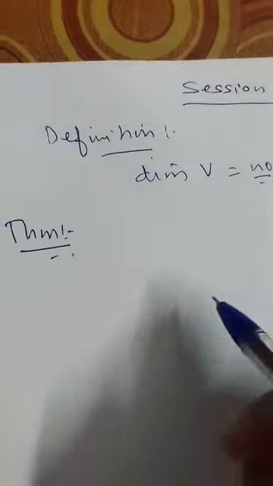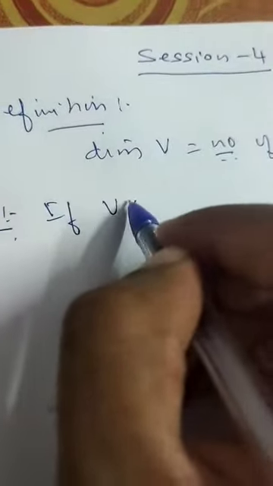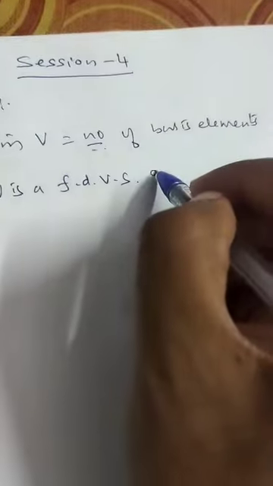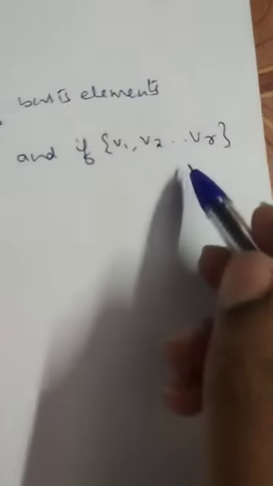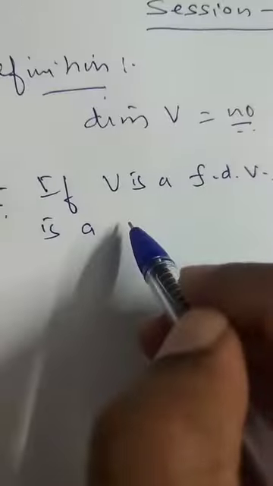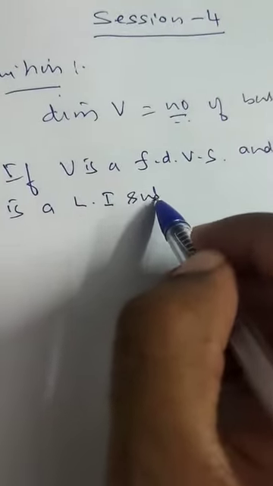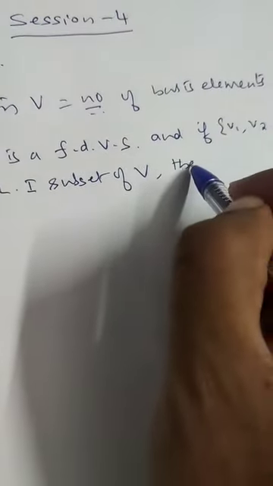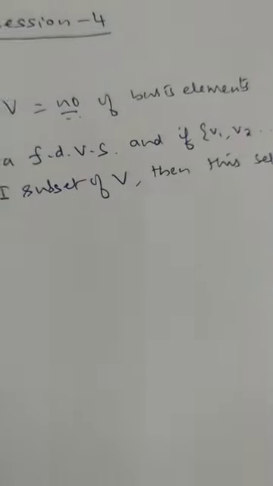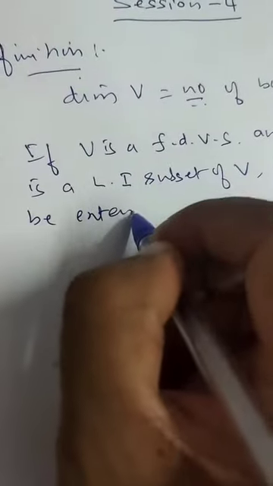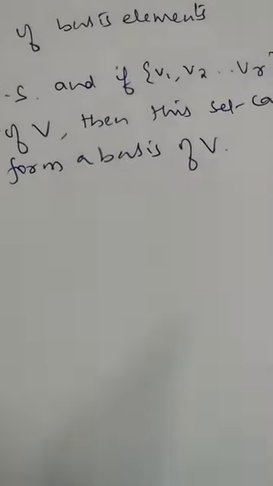It states: if V is a finite dimensional vector space, and if V1, V2, etc. Vr is a linearly independent subset of V, then this set can be extended to form a basis of V. Means if V is a finite dimensional vector space and V1, V2, etc. Vr is a linearly independent subset of V, then this set can be extended to form a basis of V.